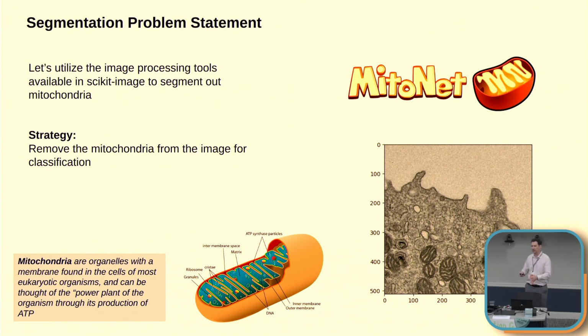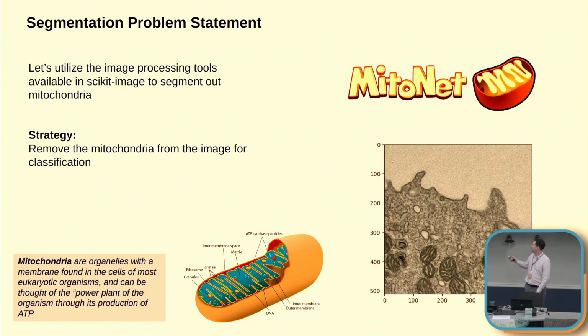Okay, so image segmentation. Our first example problem statement is we're going to look at mitochondria. We're going to look at lab images that were taken that capture part of the cellular structure. And so one of our goals is to extract the mitochondria from the image for classification.